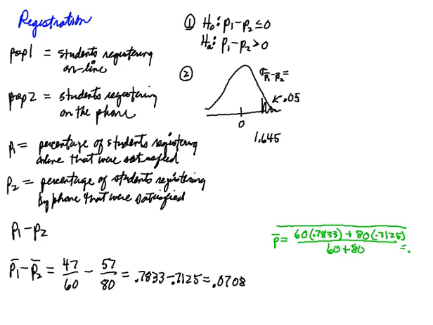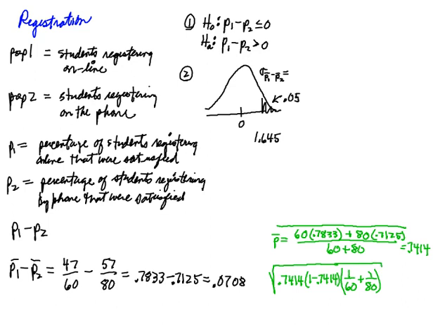That gives me 0.7414, and then my standard error: I take that pooled percentage, multiply by the complement, and multiply by 1 over the sample size from the first population plus 1 over the sample size from the second.